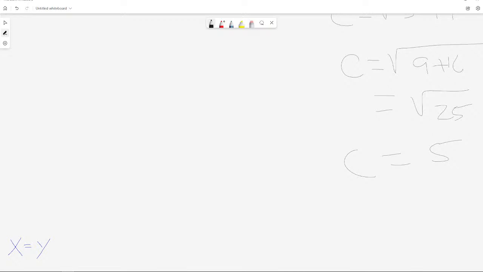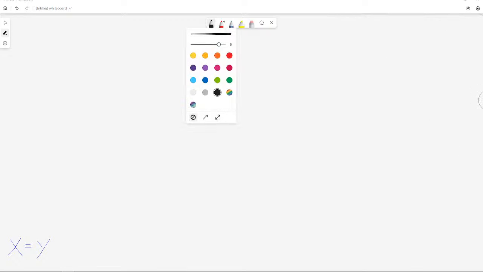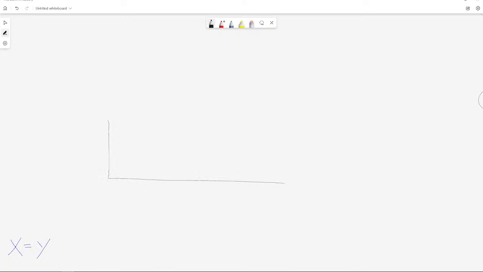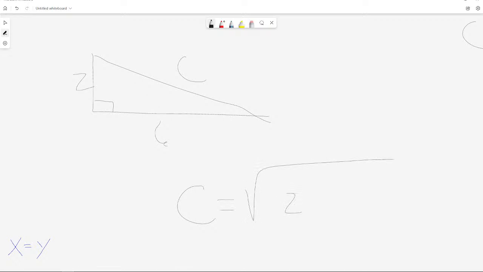So let's do this triangle. We have a triangle here. It's going to be a right angle. We're going to have 2, and we're going to have 6, and we need to know what c is. So c is equal to the square root of 2 squared plus 6 squared.